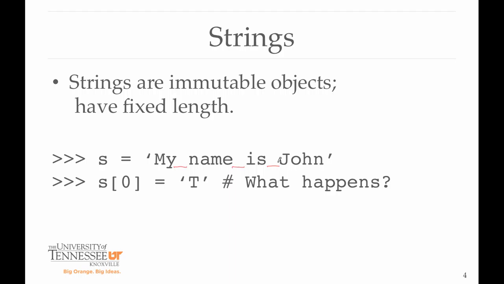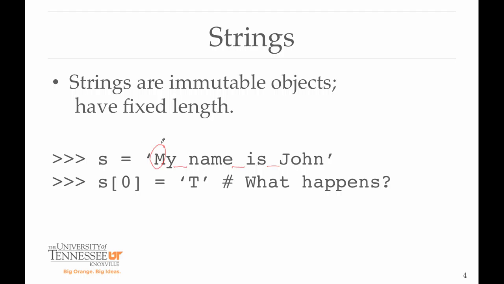And then what's illustrated next is an attempt to set the character in position 0 equal to capital T. Of course, in the original string, the capital N is in position 0. That is the 0th character in the sequence. What happens, as indicated here in the comment?